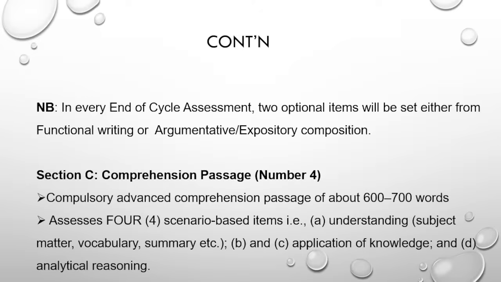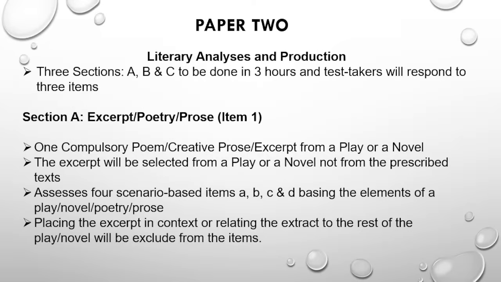And then item D will assess analytical reasoning. Remember, the text here should again be advanced in nature. Let us set expository or descriptive texts that are current in nature, not narrative passages, not stories, because stories are hardly complex. That is the end of paper 1 structure.